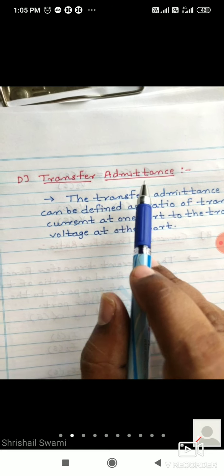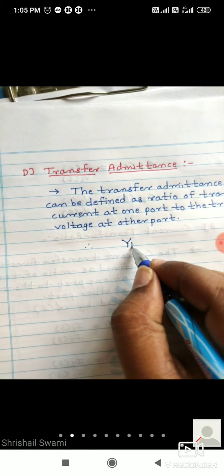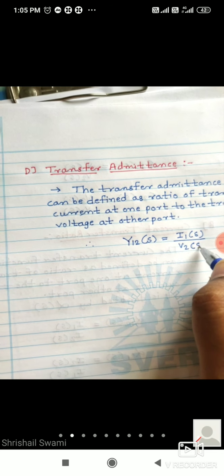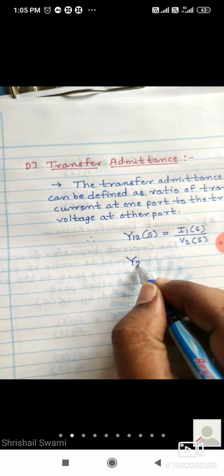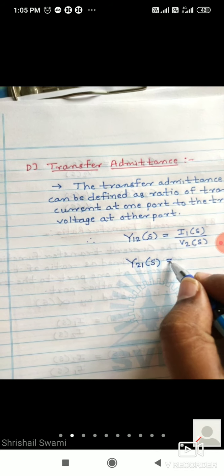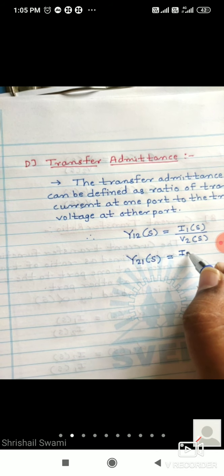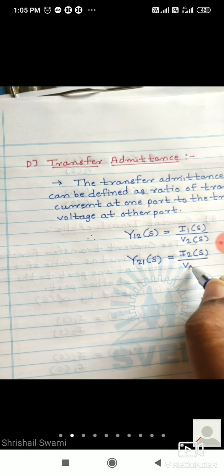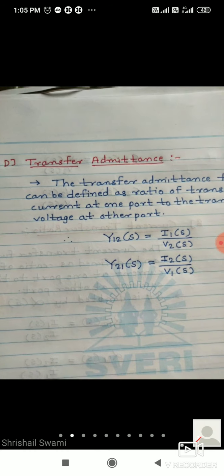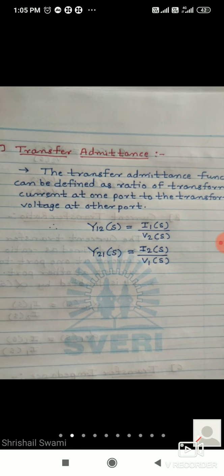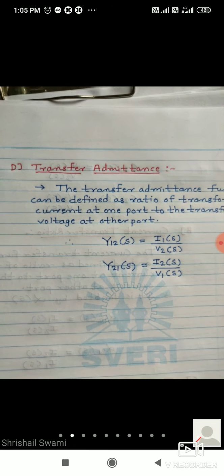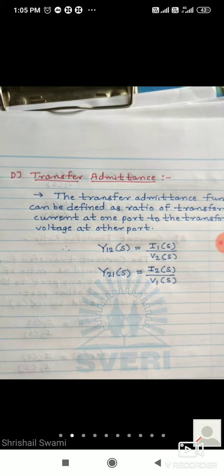Okay, so as it is admittance, it is denoted by as usual Y. Okay, so equations are Y12 of S is equal to I1 of S divided by V2 of S, and similarly Y21 of S is equal to I2 of S divided by V1 of S. Okay, so these are the all called as what? Network functions for two port network.